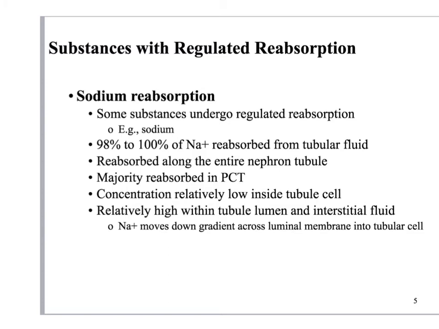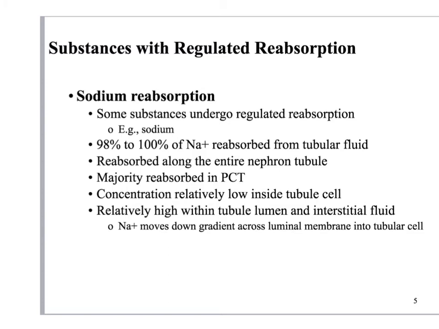Most of this occurs in the proximal convoluted tubule. The concentration is relatively low inside the tubule cell itself, but it's high within the tubule lumen and the interstitial fluid. In order for this process to continue, we have to always maintain a concentration gradient. It moves from lumen to cell, and from cell to interstitial fluid.